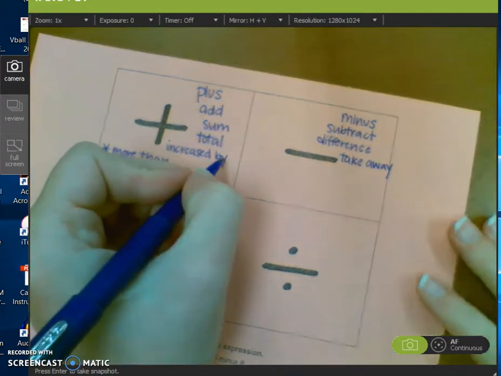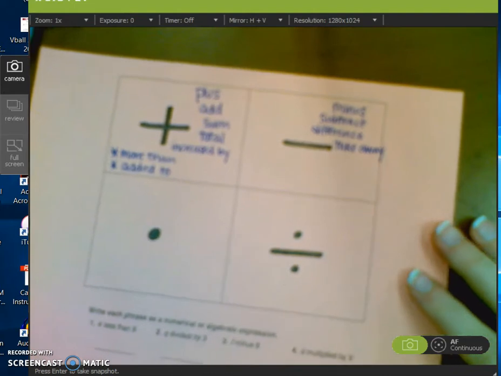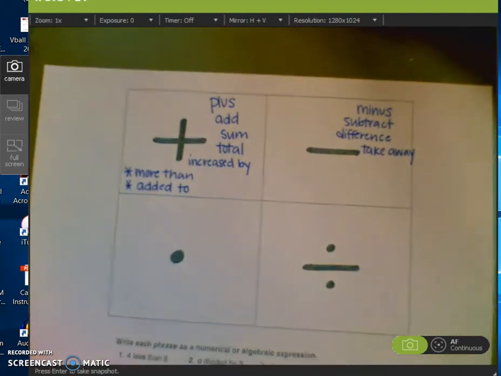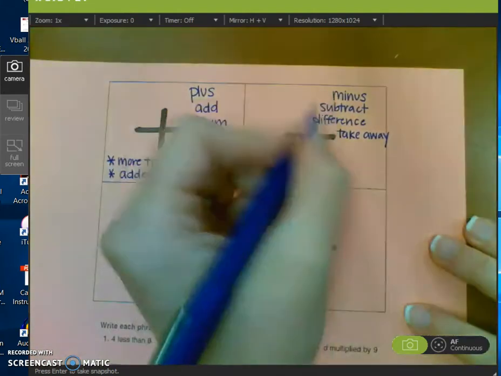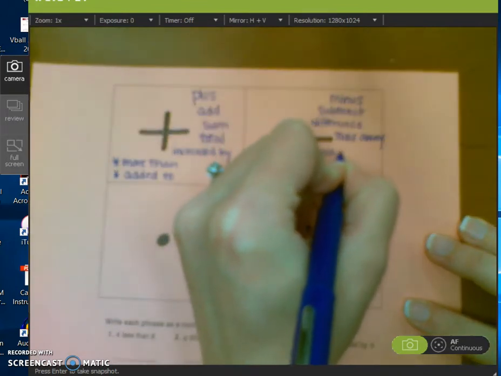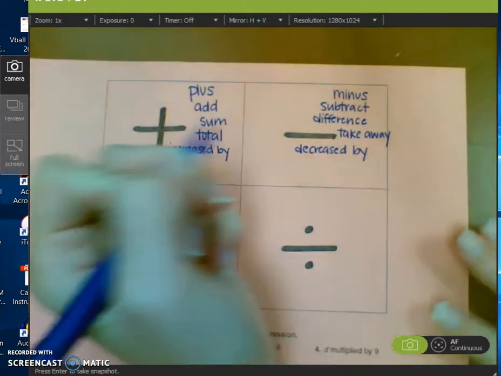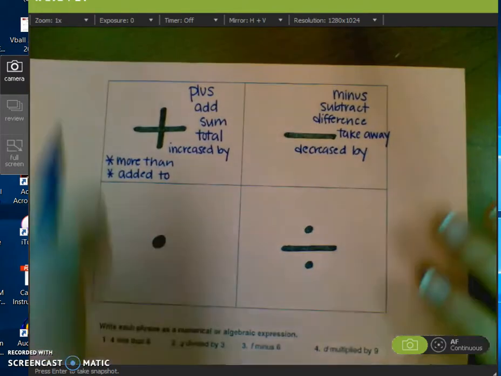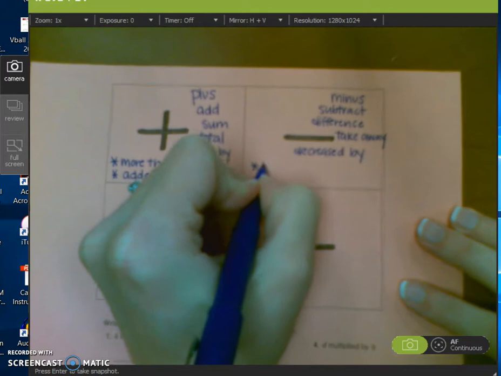The opposite of increased by, can you think of what that one might be? The opposite of increased by, decreased by. Maybe you were able to come up with that on your own. And then I've got two that we're going to star. The opposite of more than is less than.